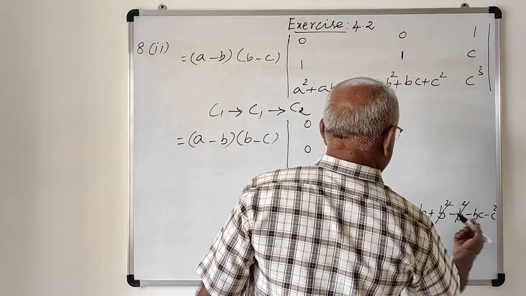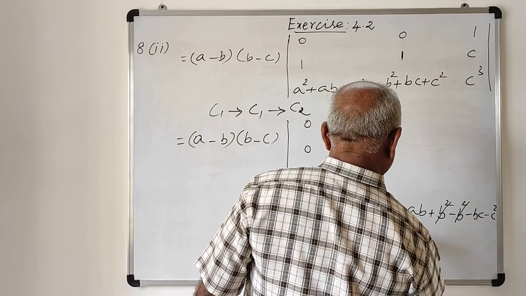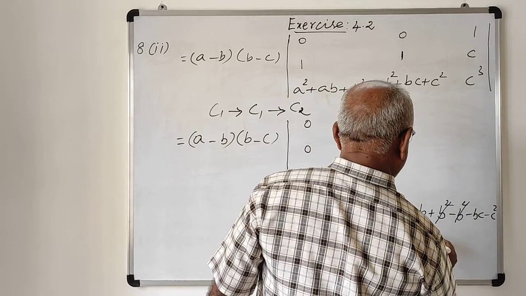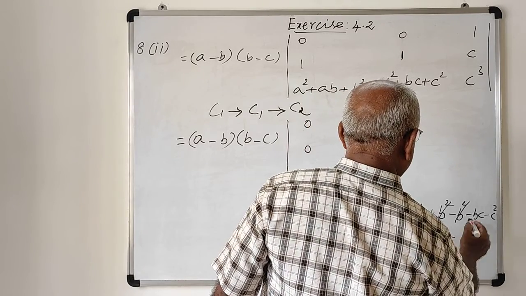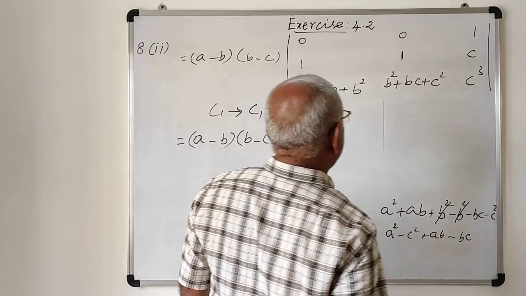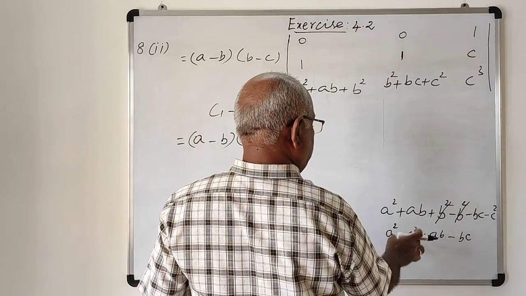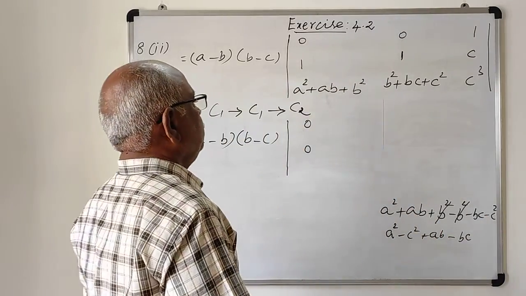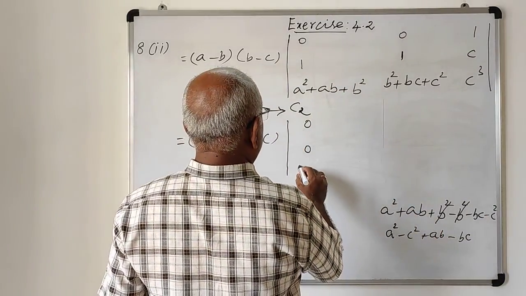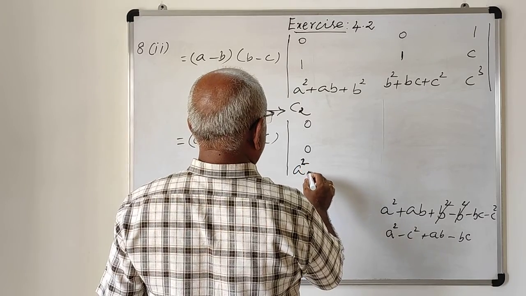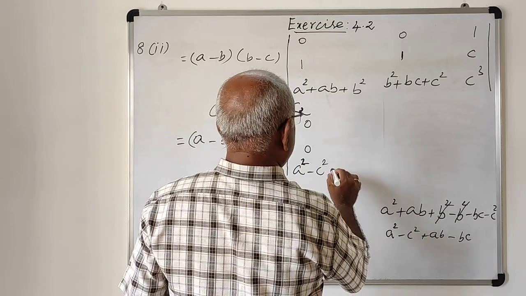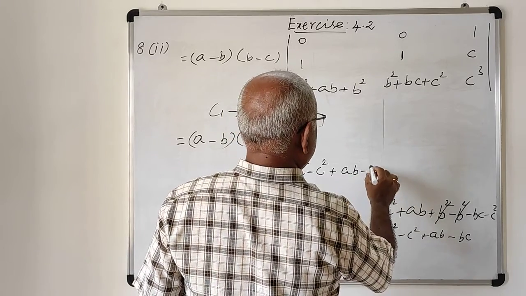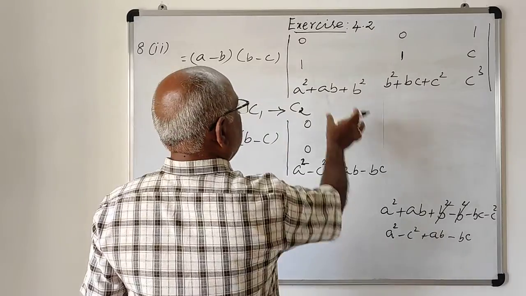You will get a square minus c square plus ab minus bc. After subtracting C1 minus C2 here, I will get a square minus c square plus ab minus bc. This is our first column.